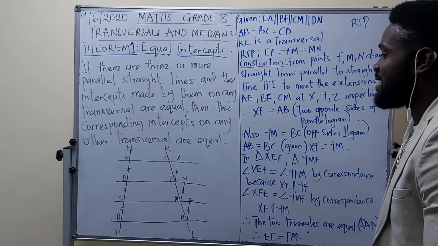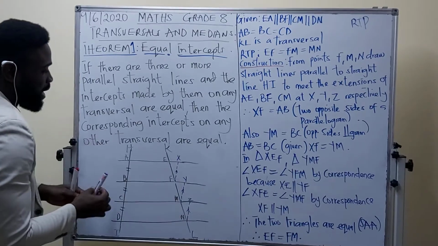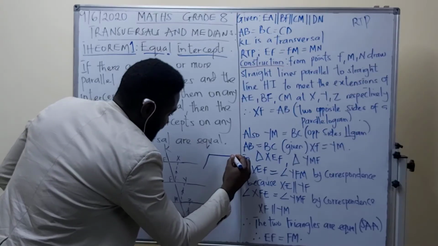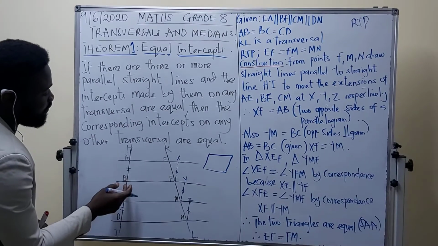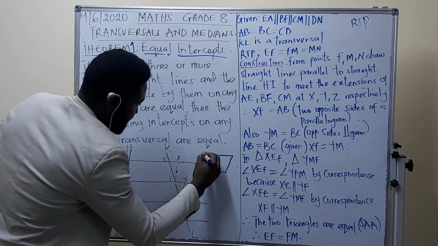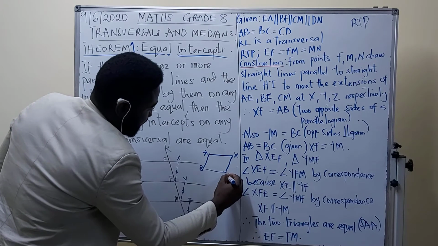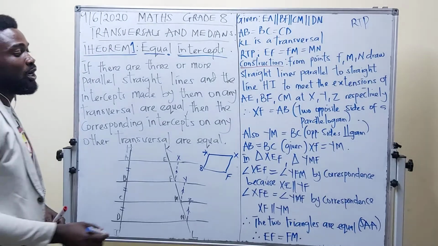And aside from that, if we check very well, the shape we have now is more of something like this. Now, let's look out for our point B. This is point B, this is point A, this is point X, this is point F. Now, this shape looks like what? A parallelogram. And opposite sides of a parallelogram are always equal.